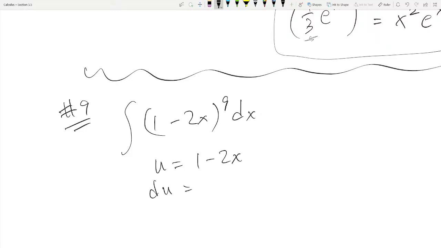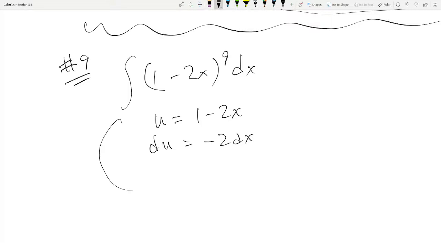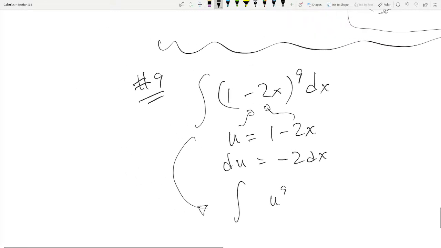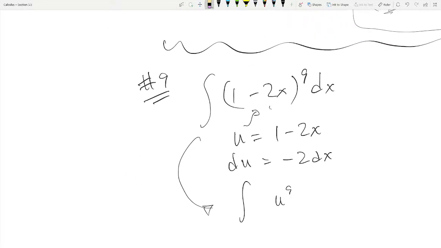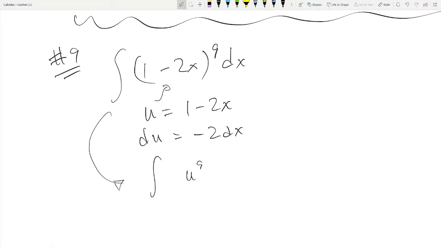When I take the derivative, I get negative 2 dx, and then I want to convert this integral, so I get u to the 9th, because u goes right there. And then I have to account for that dx. There it is right there. dx is negative 1/2 du.